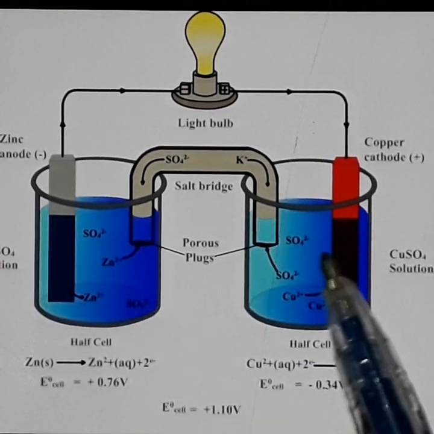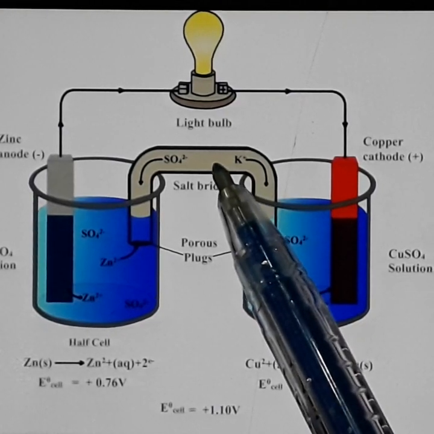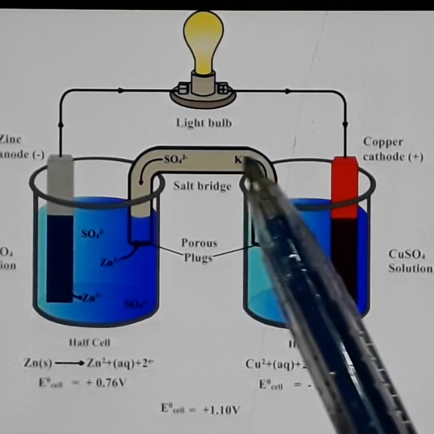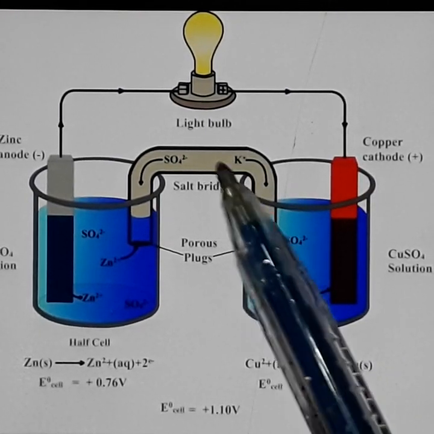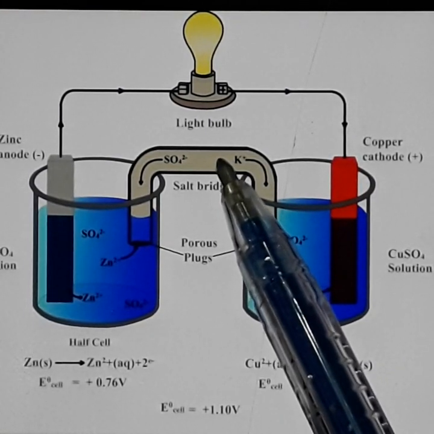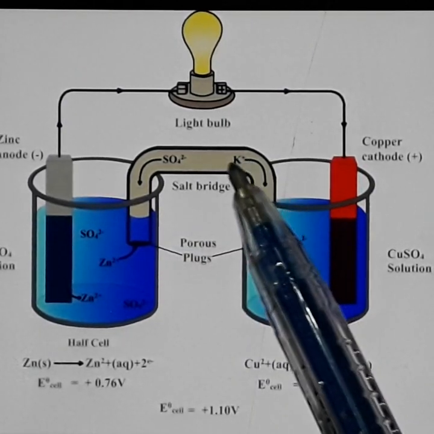Now in order to maintain the electrical neutrality, this salt bridge consists of a salt like KCl, KNO3, or ammonium chloride, which is made into a paste in agar gel, and a U tube is filled with that, right?